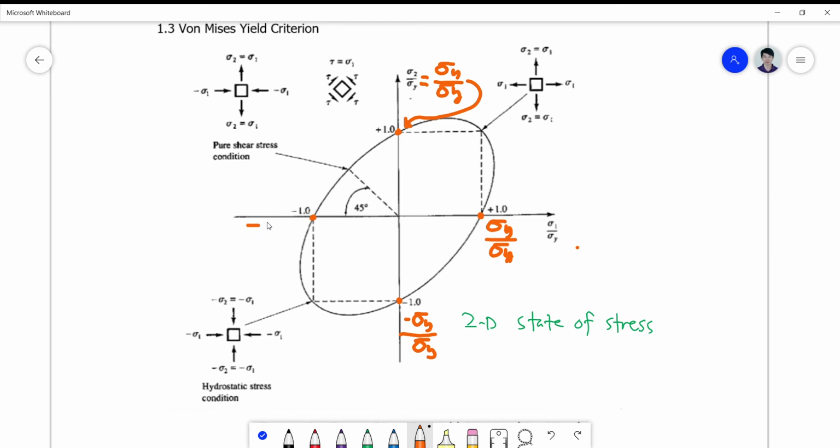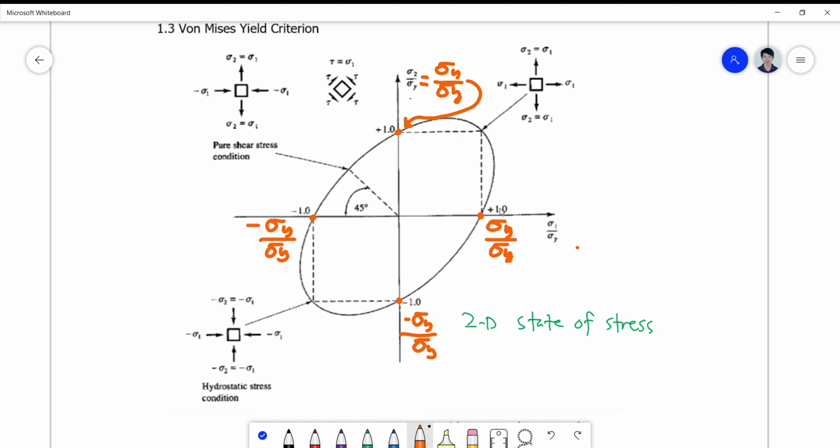And of course here, you have a negative sigma y, and sigma y actually be equivalent to 1. So the 4 points that I mentioned are actually representing only a uniaxial state of stress, since at all points, one of the normal stresses becomes 0.